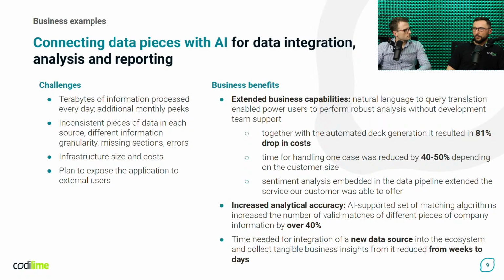And going back to AI agents, with such specialized agents, we are able to increase the matching rate between old and new sources, by finding similarities with those AI agents, by 40%. And by that, significantly reduce the time needed to connect a new data source to the whole puzzle. And we're talking about reducing from weeks to days.